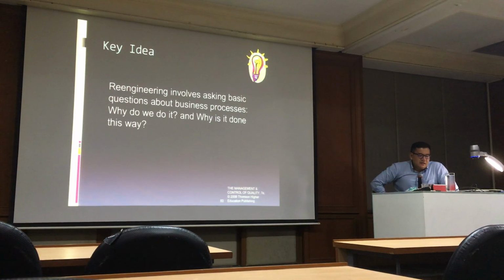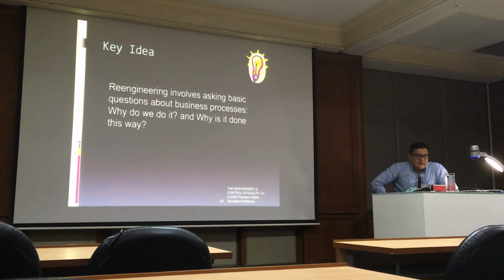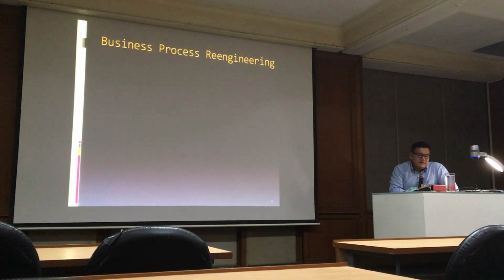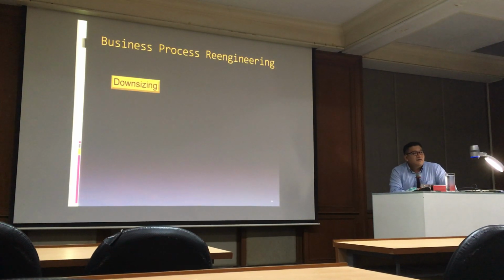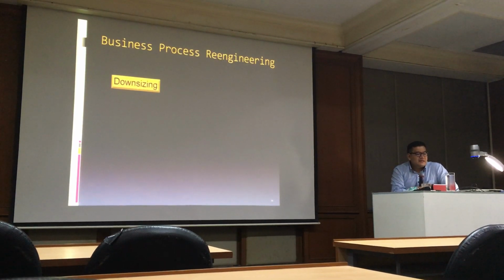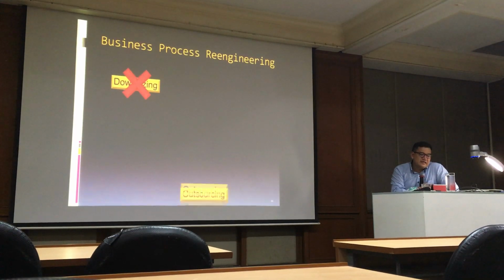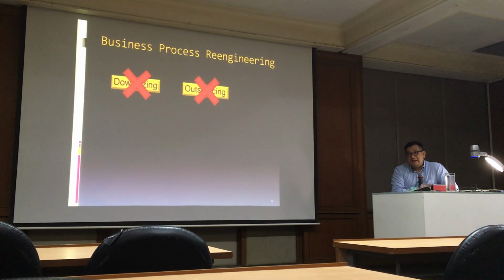And so reengineering involves asking the basic question: why do we do it, why is it done this way, right? You might think that reengineering is about downsizing, because we see a lot of businesses doing reengineering reduce their organization size, but actually it's not downsizing, it's not just outsourcing, right?